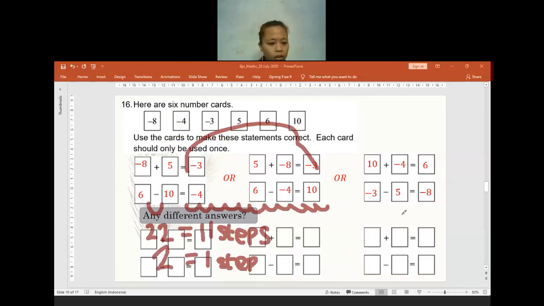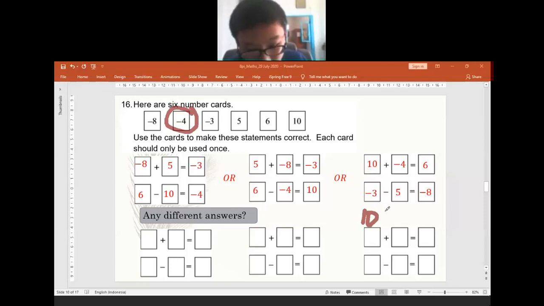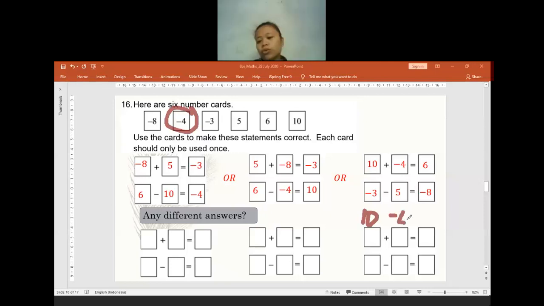Wait, my annotation is gone. Okay, so the previous answer was not okay, because the 4 in here is -4, not 4. So it's supposed to be 10 plus -4, which will be equal to 6.